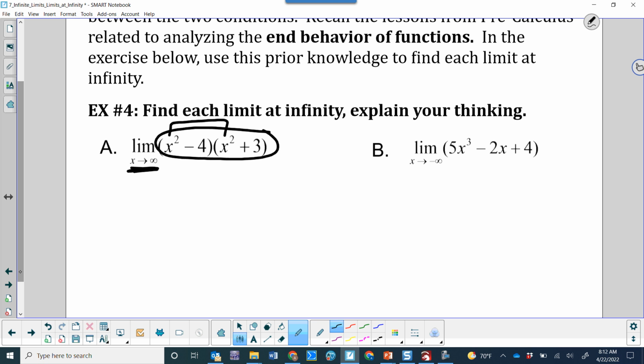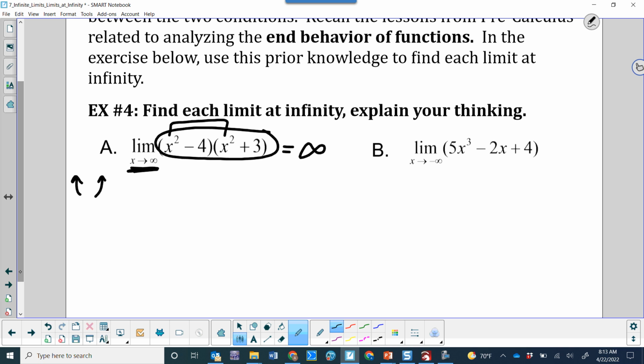Well, this is a quartic of 4th degree, and it's positive in front, which means that both ends are going up, if you remember your end behavior. So you're going to have both ends up, so therefore this is infinity. And so the explanation of your thinking would be that this is a quartic, and it's positive in front, so both ends go up. And that's what you would write to explain your thinking.